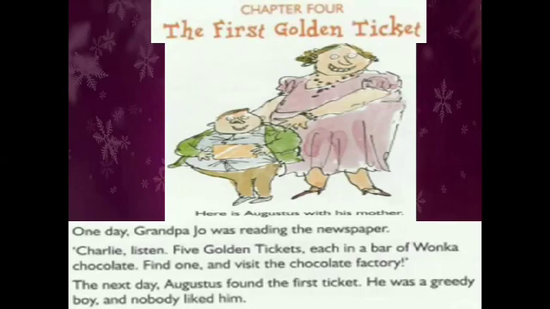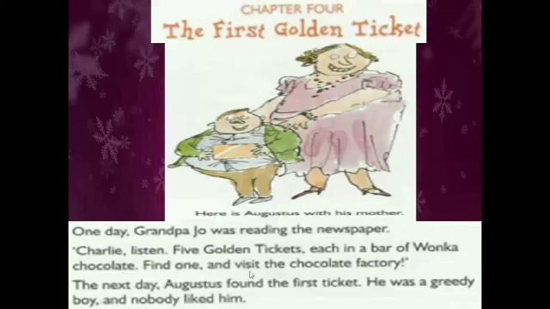Good. So I'll give you an example. That was Chapter 4, the first golden ticket. One day, Grandpa Joe was reading the newspaper. "Charlie, listen! 5 golden tickets, each in a bar of Wonka chocolate.